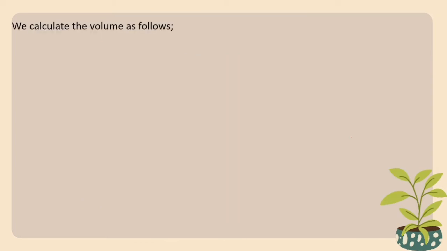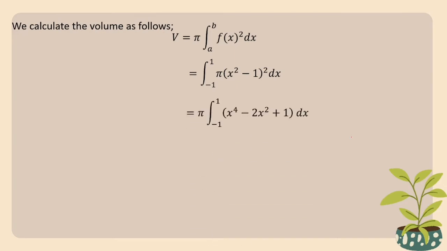Then we'll calculate the volume as follows. Using the formula of the disk, we have volume equals pi integral from a to b of f of x squared dx. Substituting the given values, we have integral from negative 1 to 1 of pi times x squared minus 1 squared dx. Expanding, we have x to the 4 minus 2x squared plus 1 dx.